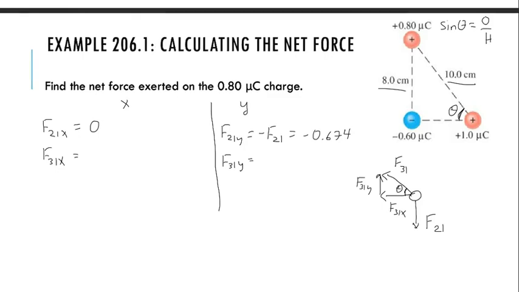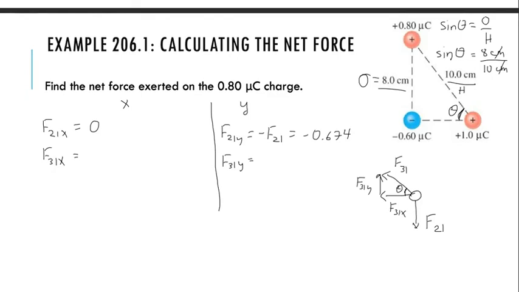So we can use that trig function definition to plug in what we know and solve for theta. Sine of theta is equal to 8 centimeters over 10 centimeters. Right? Opposite over hypotenuse. This is the opposite. This is the hypotenuse. So the centimeters cancel out. We have sine of theta equals 8 over 10.